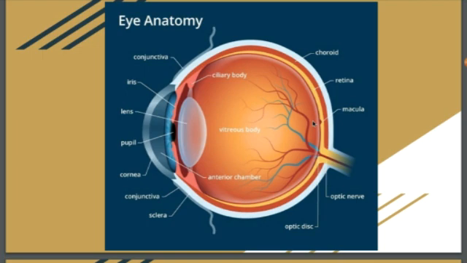This point we call the yellow spot. At the junction of the retina and the optic nerve, we cannot see the sensory cells, and in case the image is formed here, it cannot be seen. This particular point we call the blind spot.